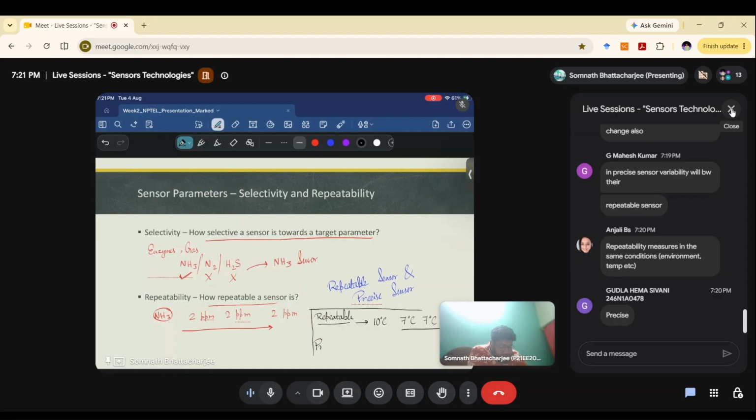So here, let's say the device starts at 10 degrees centigrade. This is our input, this is our output. And at 50 degrees centigrade, the device is like this. And at 100 degrees centigrade, the device is like this. And this completes at, let's say, 200 degrees centigrade, right?